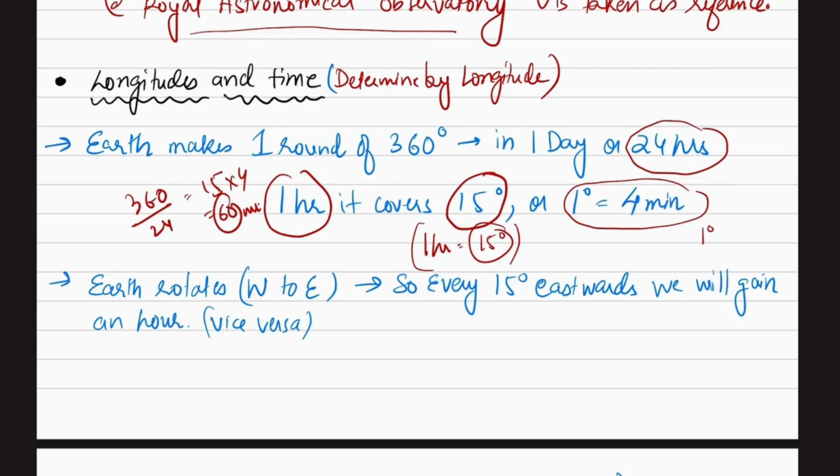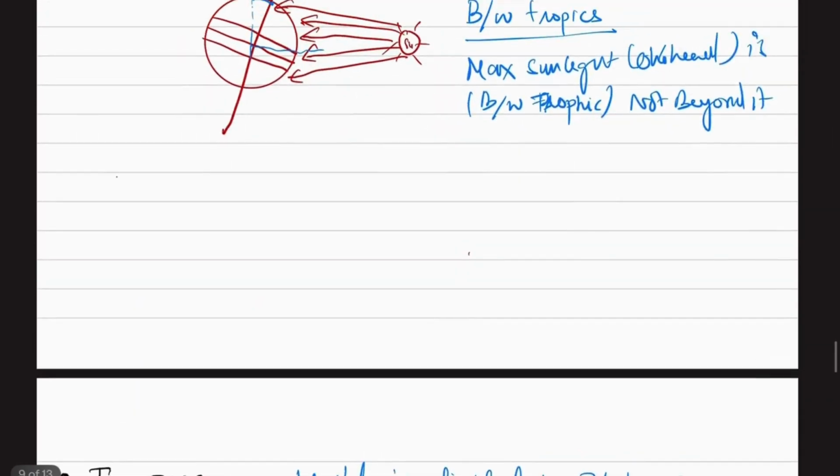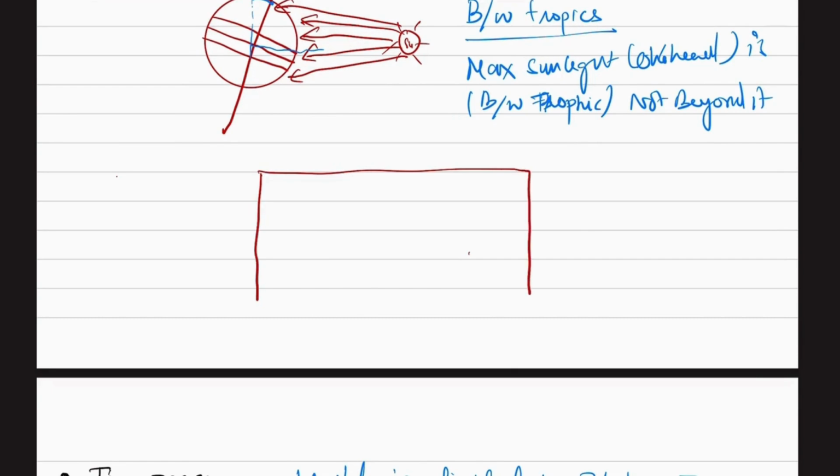So 1 hour is equal to 15 degree. So it means that when the earth rotates from west to east direction, every 15 degree eastward we will gain an hour, we will gain. चलो एग्जाम्पल देके बता देते हैं। Suppose this is the map.